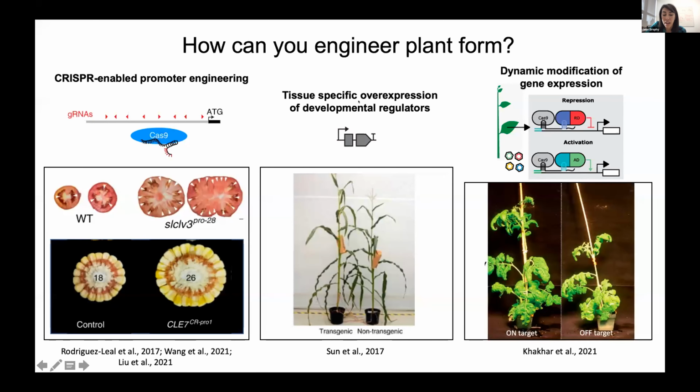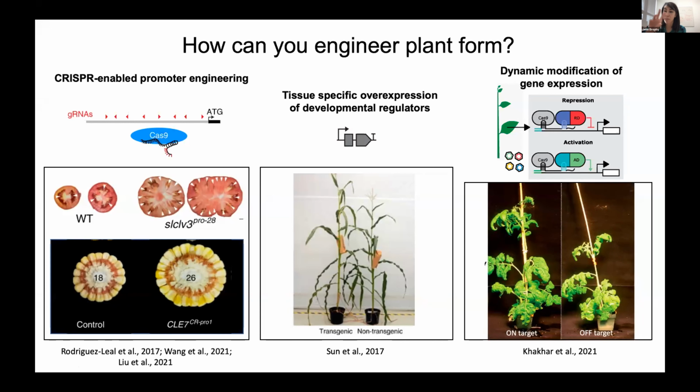There's also been efforts to express developmental genes in really specific spatial patterns so that you can alter the structure of the resulting plants, and methods for dynamically changing gene expression by delivering viruses that encode Cas9 activators and repressors.